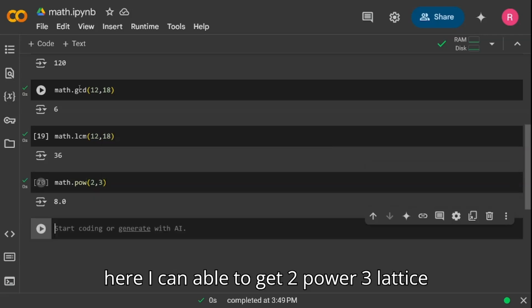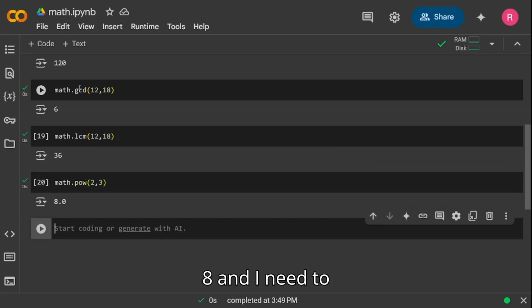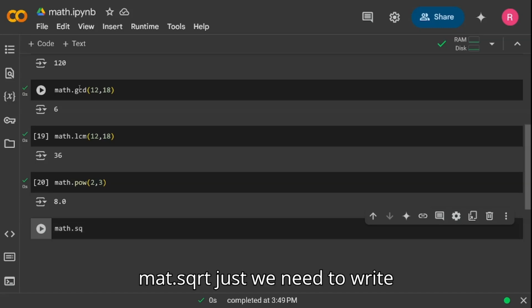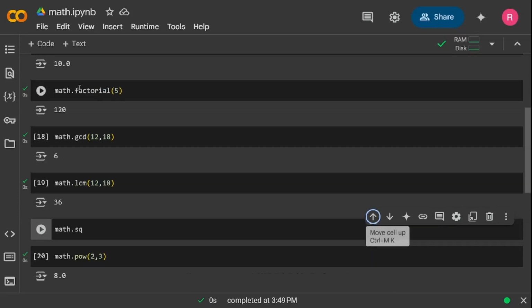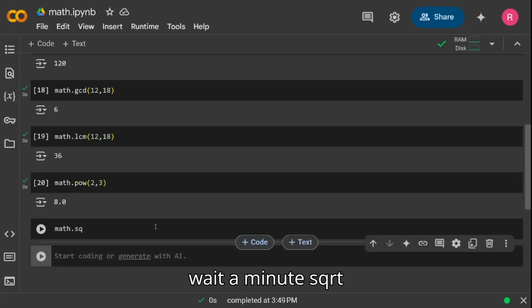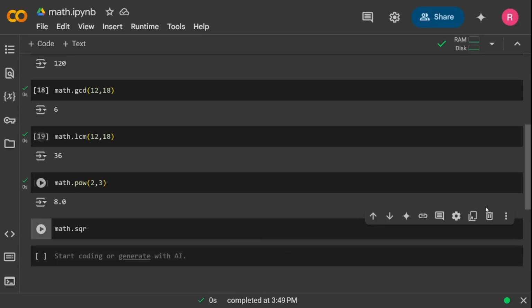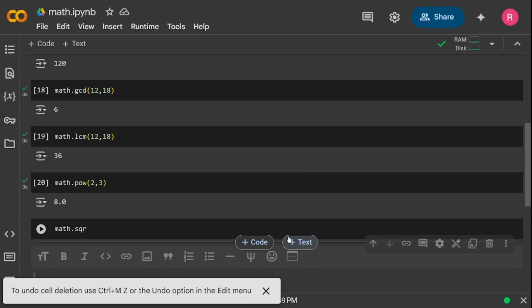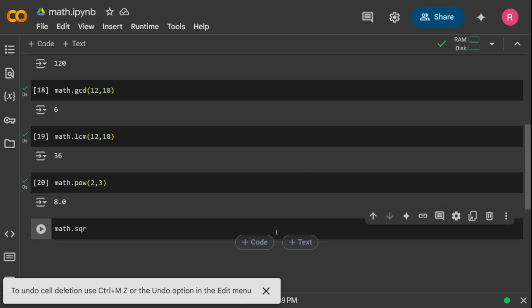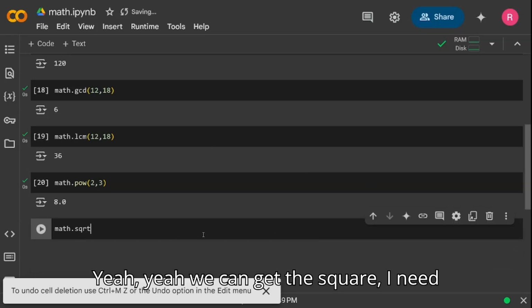Here I am able to get 2 power 3, that is 8. And I need a square root: math dot sqrt. Just we need to write it, wait a minute, sqrt. Yeah, we can get the square root.